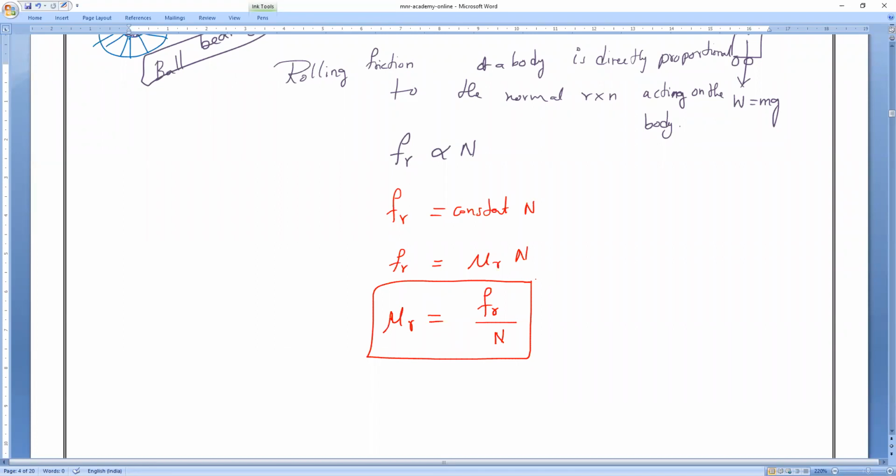Again, same thing. What is mu_R? Anybody can tell? Mu_R means the coefficient of rolling friction. Understand, Gokul, Nivedan, Kishore? Coefficient of rolling friction. And this mu_R depends on what? Again, same thing.